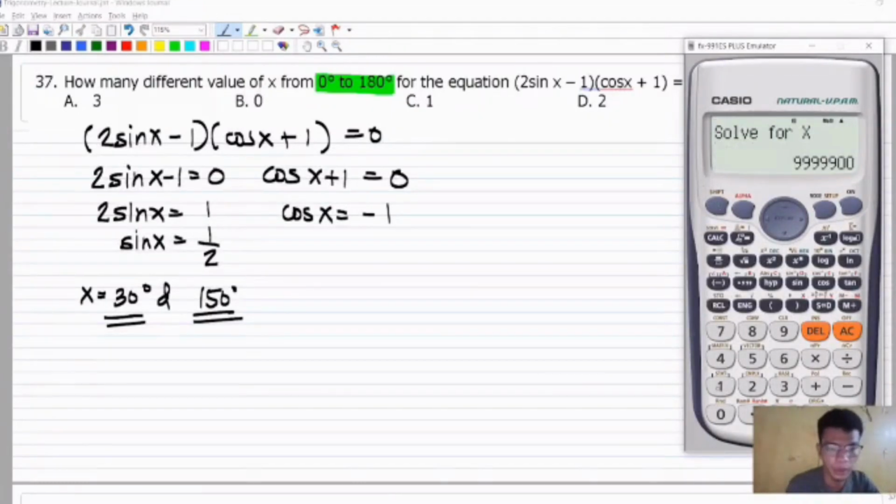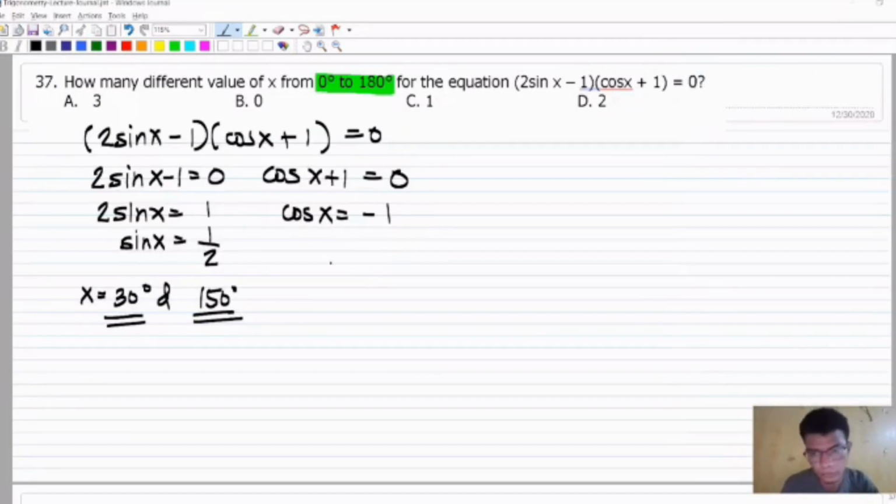Shift solve kapag 180. The answer is 180. Siguro, since nakapagpalabas tayo ng tatlong different values and si 3 naman na yung highest value dito, siya na yung answer. Ano pa yung isang natin dito?